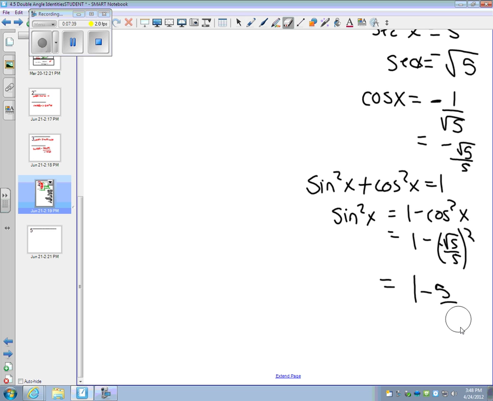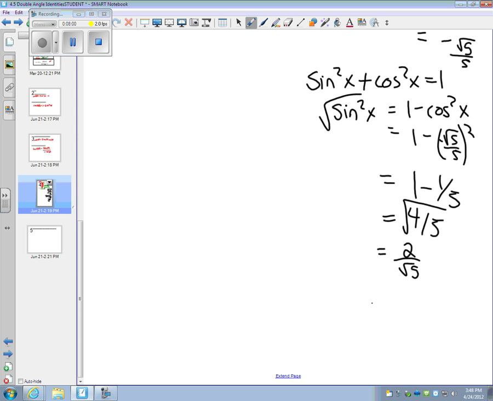Well, 5 over 25 is of course 1/5. So 1 minus 1/5 is 4/5. We need to square root that because this is sine squared x, so we're square rooting both sides. So this is equal to 2 over root 5. We are going to rationalize that denominator, so we get 2 root 5 over 5.